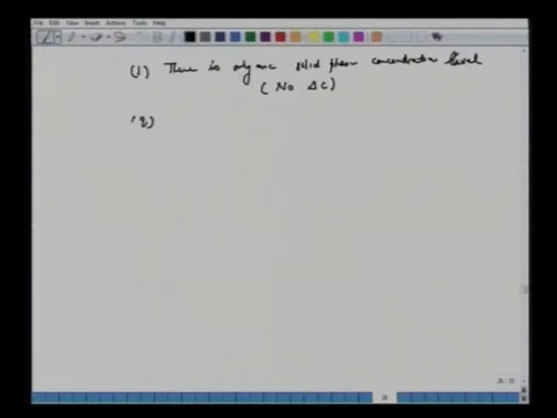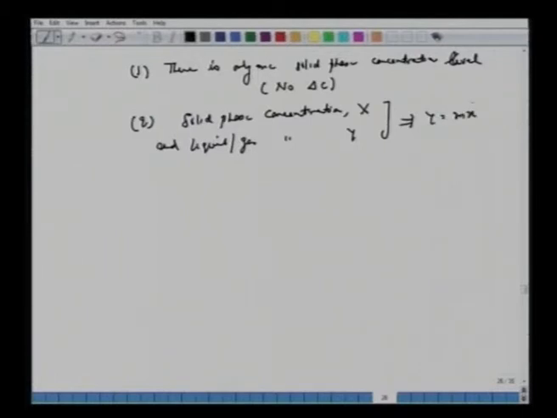And number two, the solid phase concentration X and the liquid, or in some cases gas phase, concentration Y are given by the equilibrium, Y equals m X to the power n, say a Freundlich isotherm. These are the consequences of our assumption that this is interphase mass transfer control.